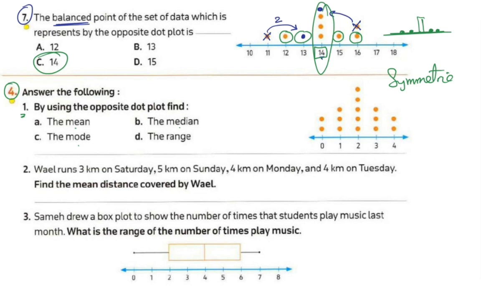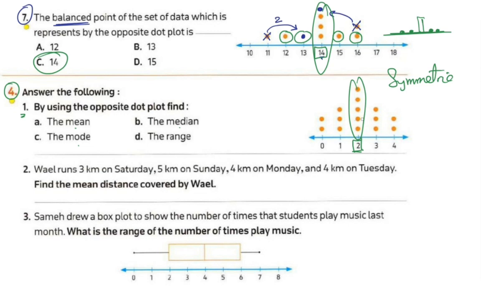If you have a symmetric dot plot, these dots represent the average or the mean, and the balance point, and the median is the middle value. Of course the biggest stack represents the mode.